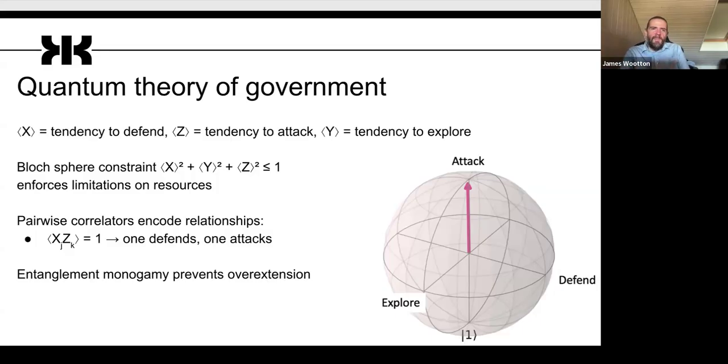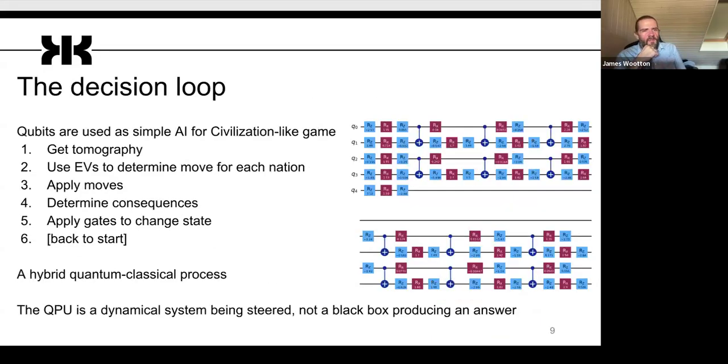So then what we come to is that, as I said, the qubits are used as a simple AI for this game. And what it corresponds to is that you have a circuit and you do a tomography. You measure the X expectation value, the Y expectation value, the Z expectation value for every qubit. You measure the two-qubit expectation values for all pairs of neighboring qubits.